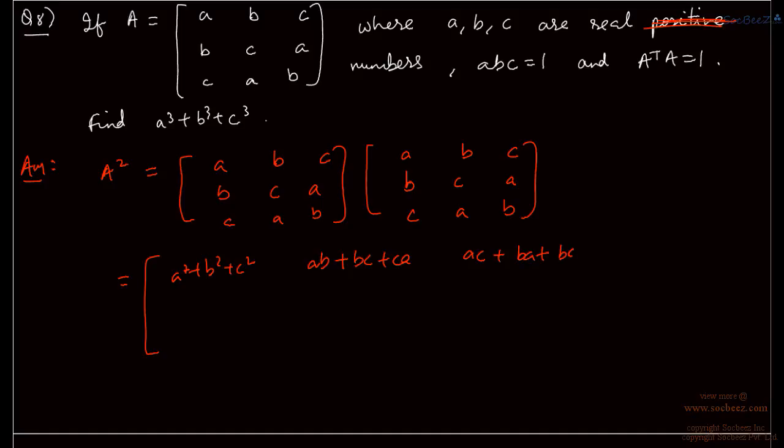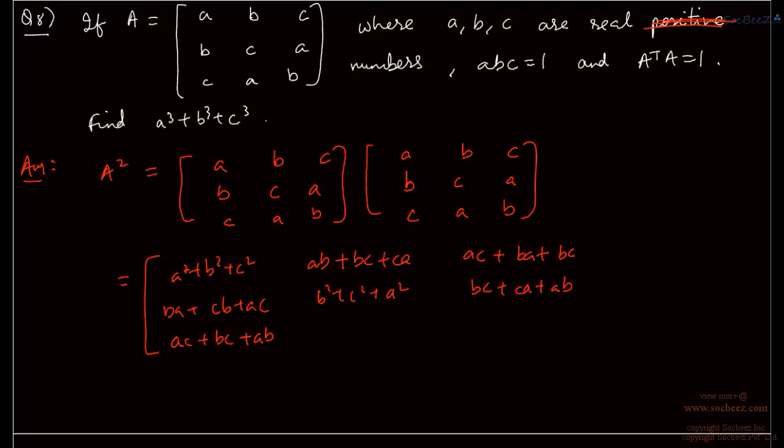Similarly, AC plus BA plus BC, again BA plus CB plus AC, finally B square plus C square plus A square, again BC plus CA plus AB, right?